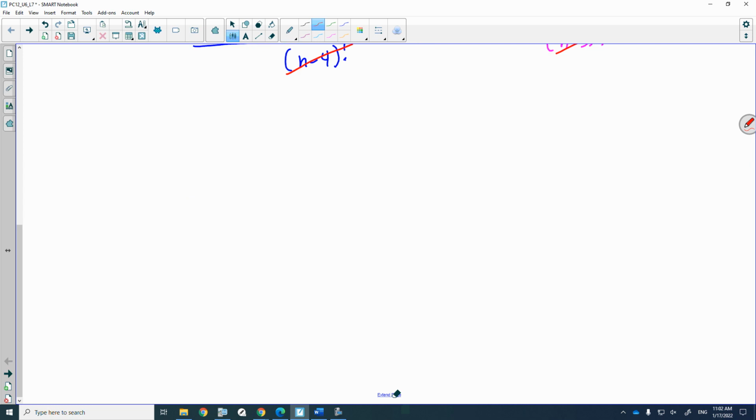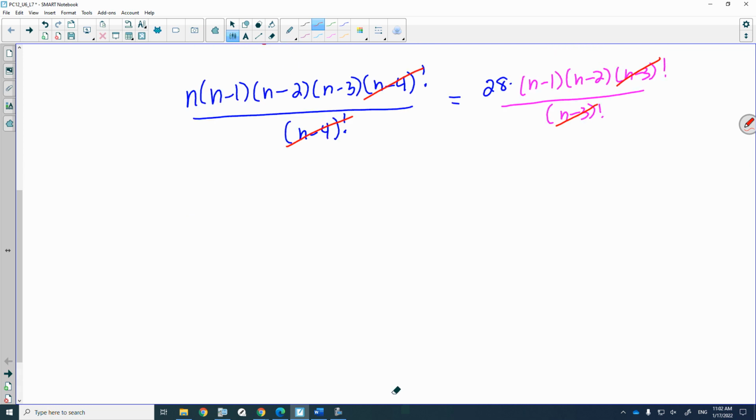Let's rewrite this cleaned up. So cleaned up, what I would have is n minus 1, n minus 2, n minus 3 is equal to 28 times n minus 1 and n minus 2.